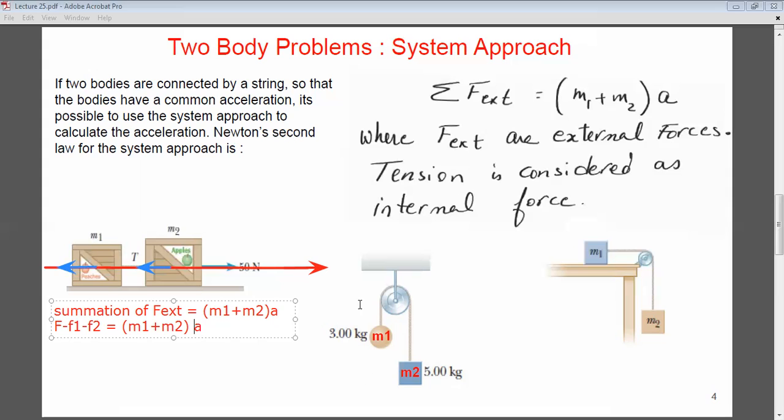Let's take this system, for example. You can see that these objects are moving in this way. Let's try to draw it properly. So they are moving in this way, right?